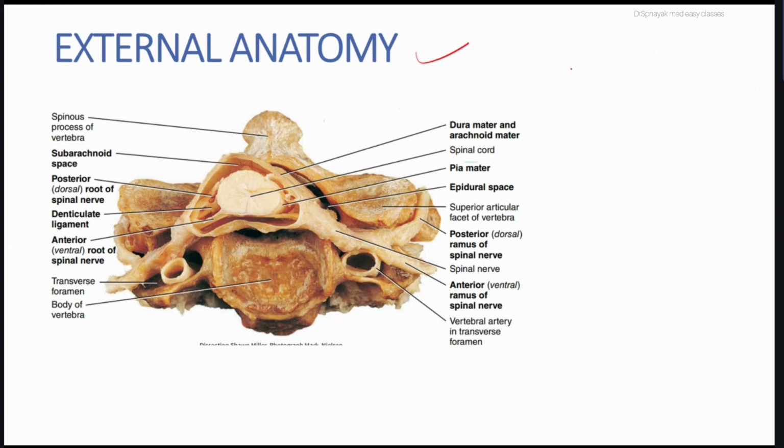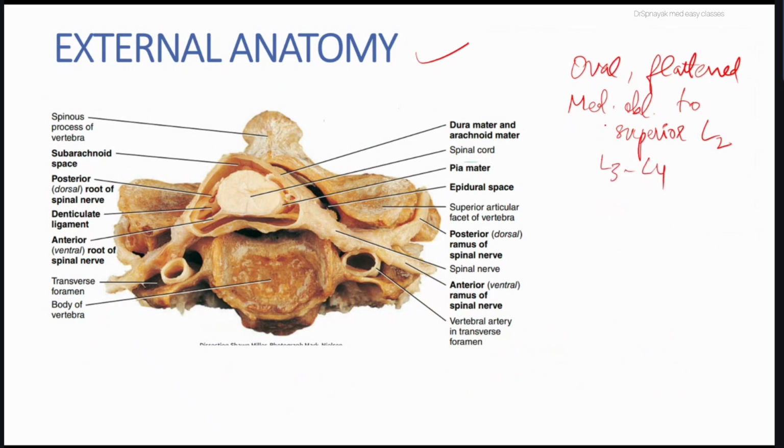So externally, first of all, the spinal cord is an oval and slightly flattened organ, and it extends from the medulla oblongata in adults till the superior lumbar vertebrae, the L2 vertebrae. There are multiple lumbar vertebrae. And in infants, it extends till L3 to L4. This was in adults.